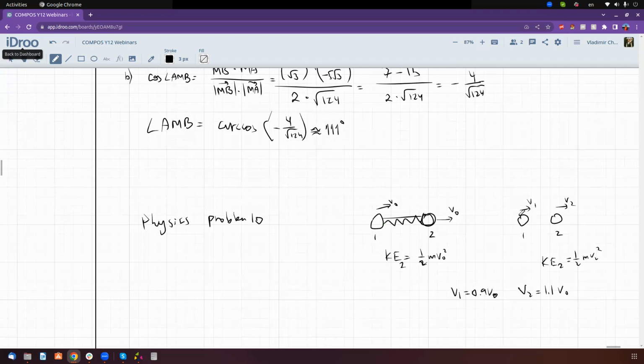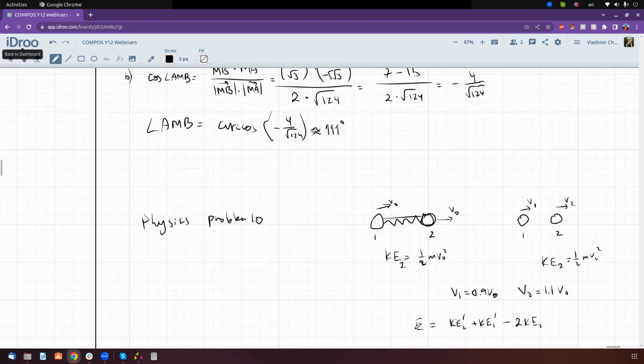So you can see that you can work out the energy stored in the spring. The energy stored in the spring is the kinetic energy 2 dash plus kinetic energy 1 dash minus twice the initial kinetic energy.